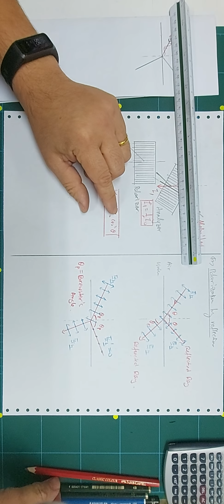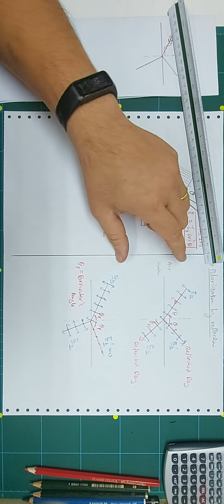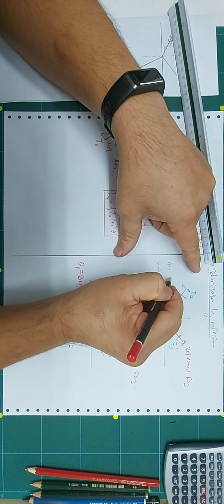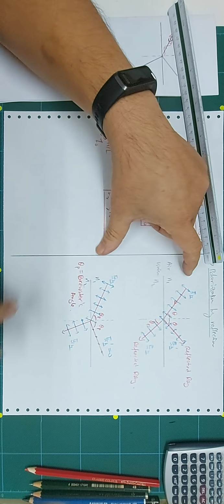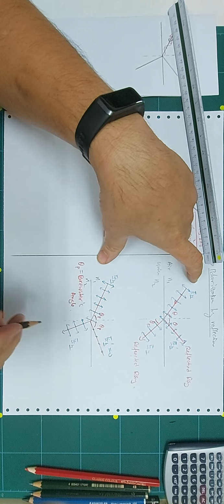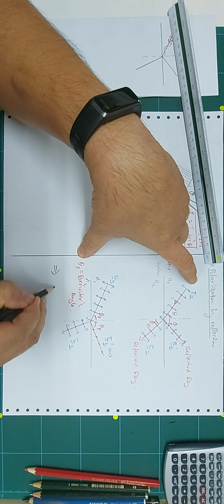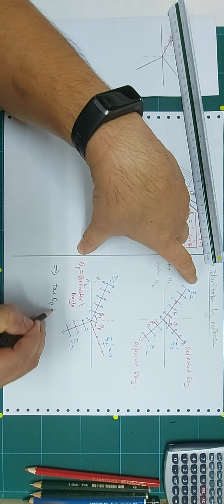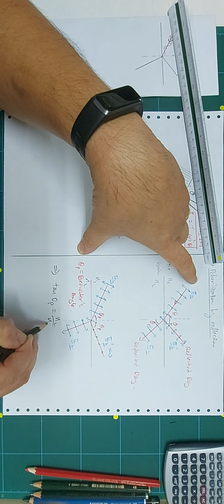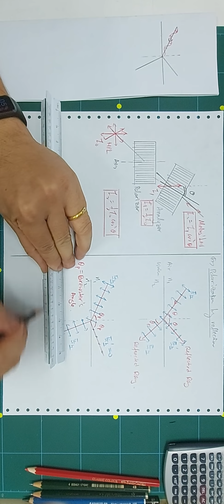So let's assume again that medium number 1 has N1, medium number 2 has N2. So for the Brewster angle, the tangent of theta p is given by N2 divided by N1. This is a general equation.